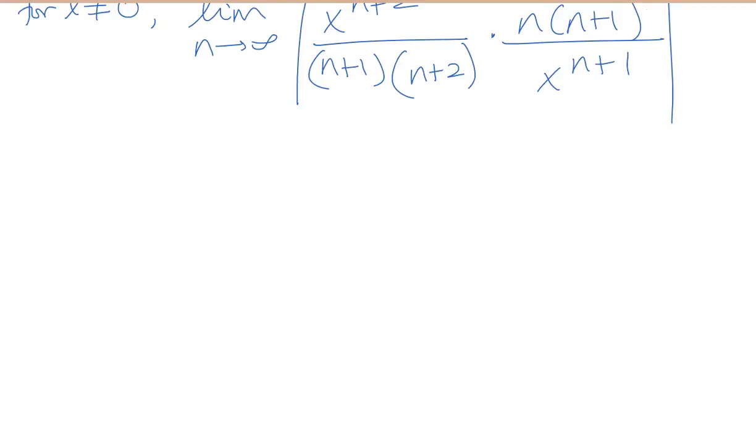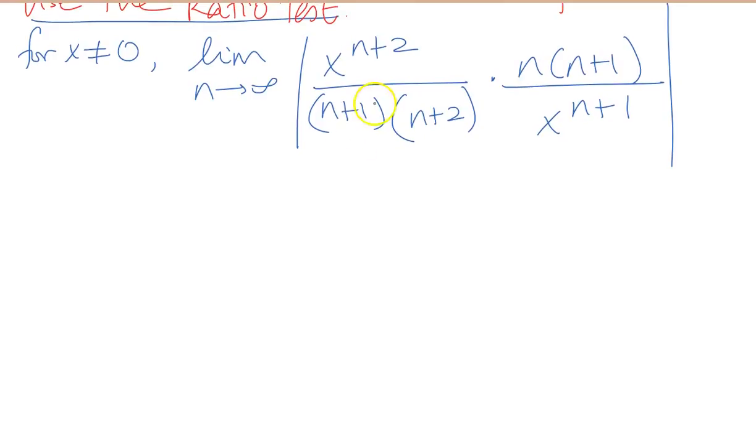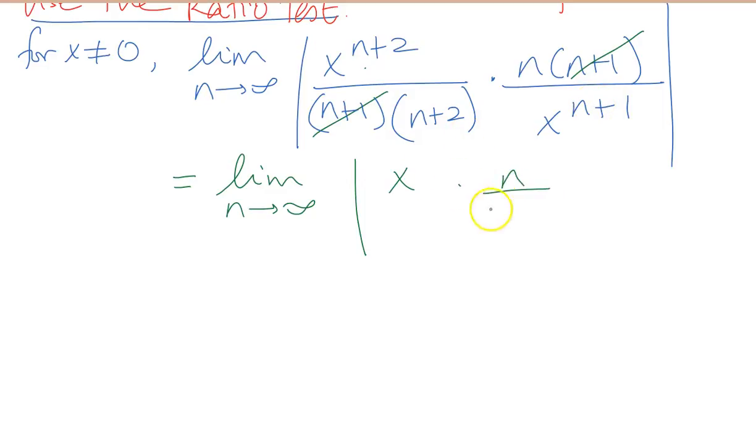What's getting cancelled out here? Notice that n plus 1 and n plus 1 are gone. And also notice that we have an extra x in the numerator because the power on x in the numerator is 1 higher than the power on x in the denominator. Besides that, we have n over n plus 2 as well.